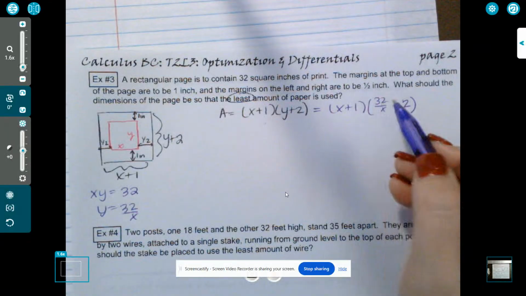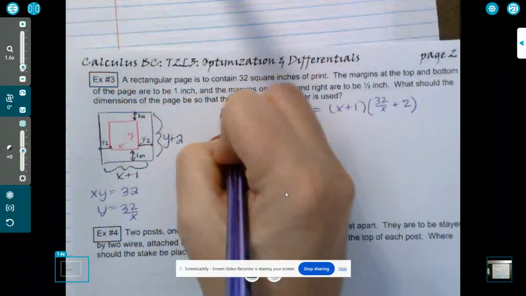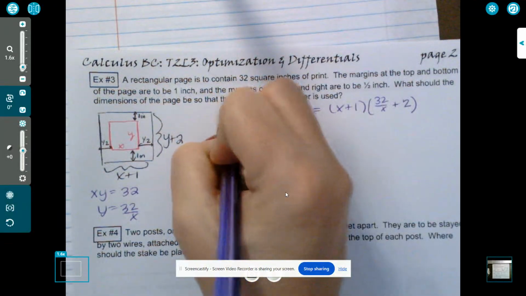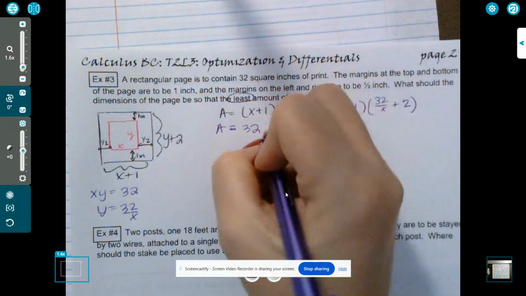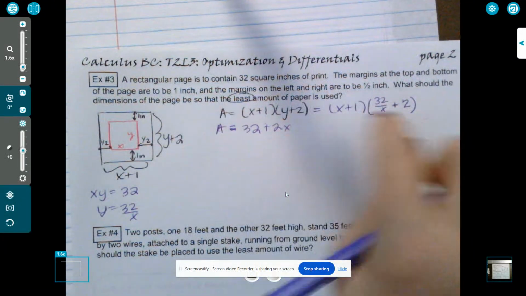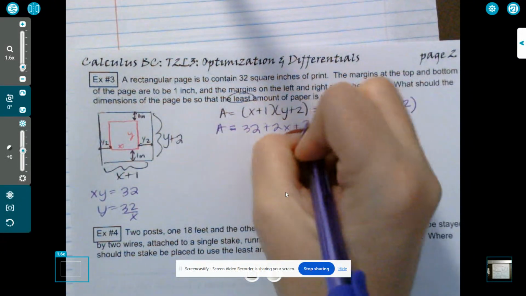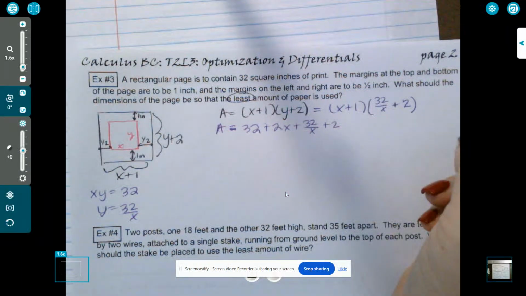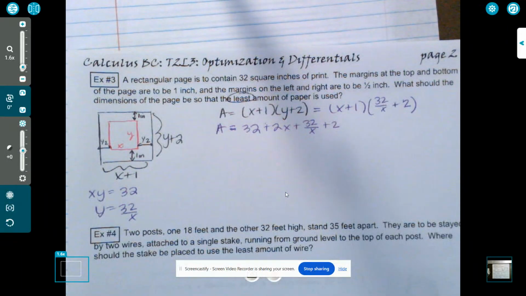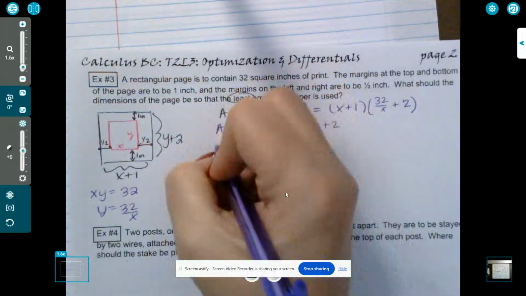If I do X times 32 over X, the X's cancel and I get 32. X times 2 gives me 2X, plus 32 over X, plus 2. So 32 and 2 gives me 34.